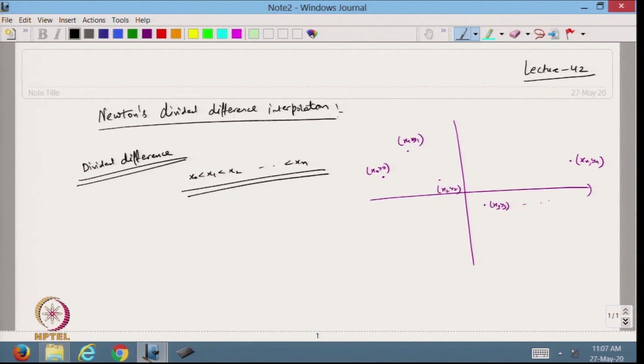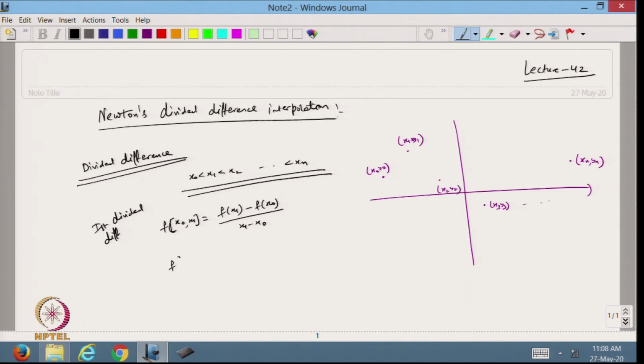So this is the ascending order I am taking. Now I define the first divided difference. So the first divided difference I represent by square bracket f[x0, x1]. So this is equal to f at x1 minus f at x0 divided by x1 minus x0.